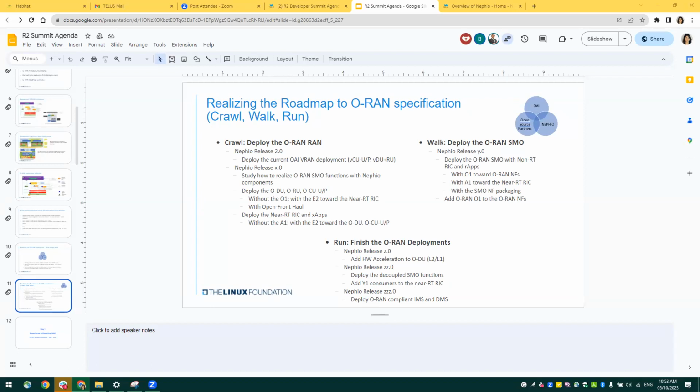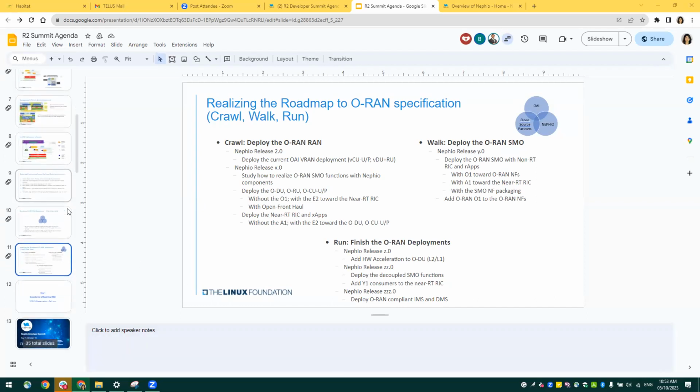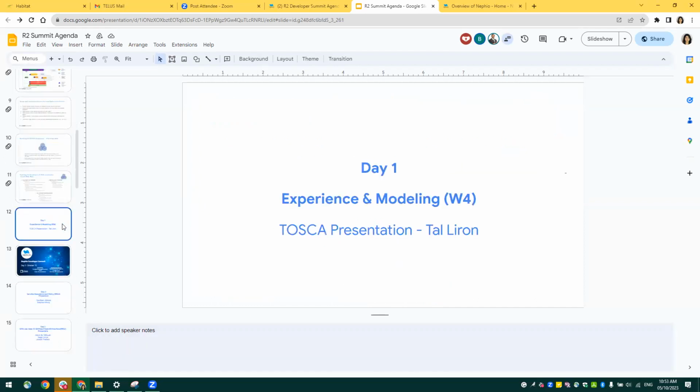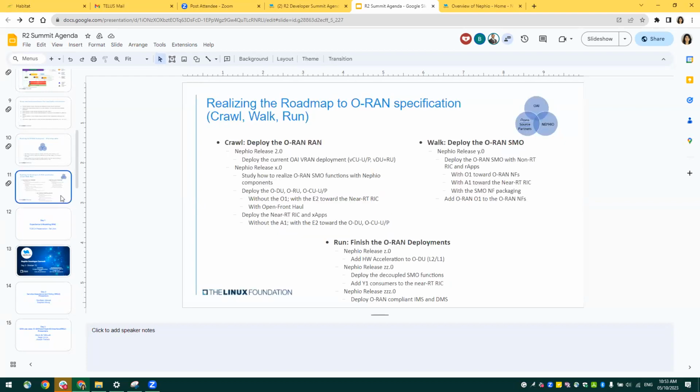Don't worry, that's what I've been pushing in Nephio, in O-RAN. But I wouldn't go into this detail at this point in time. This is too many details about O-RAN for Nephio. Let's stick to the high level details that we put in there, and as we discuss more with Nephio, we'll get a better understanding of what we want to do.